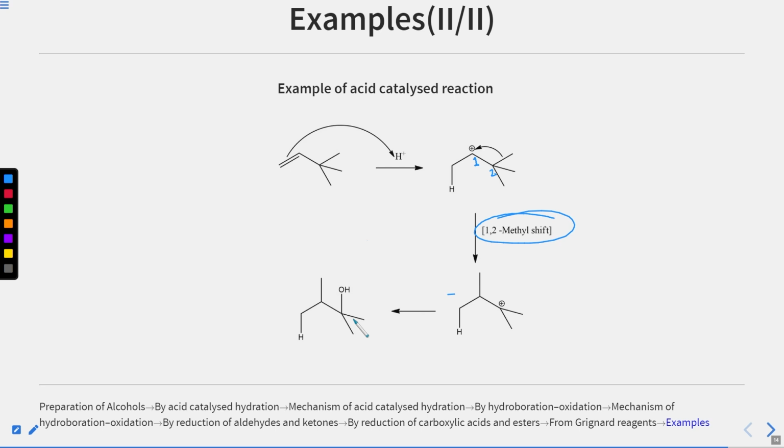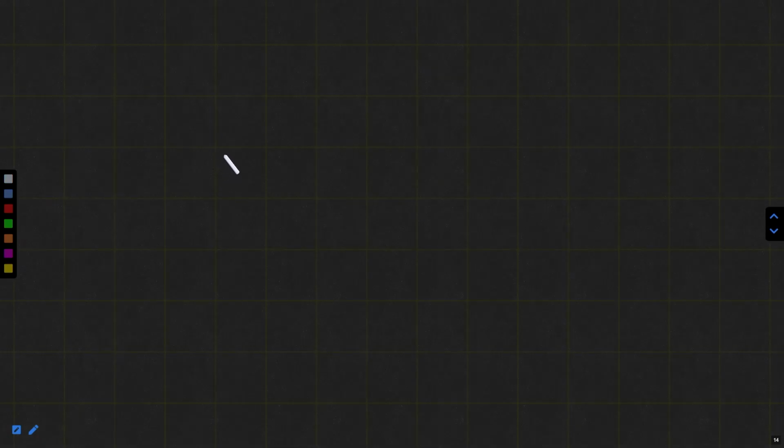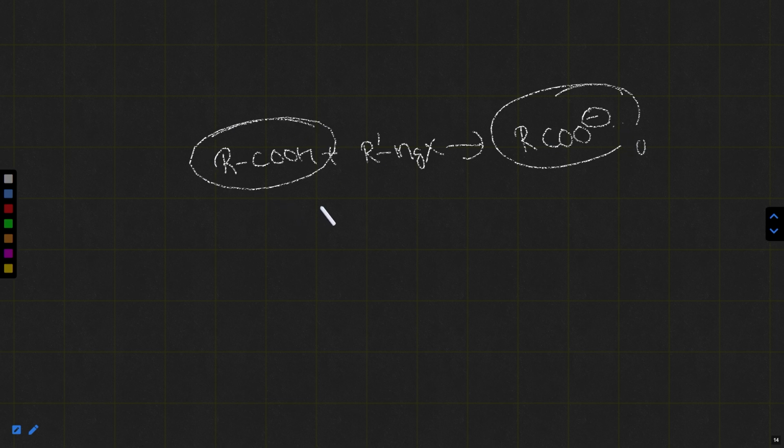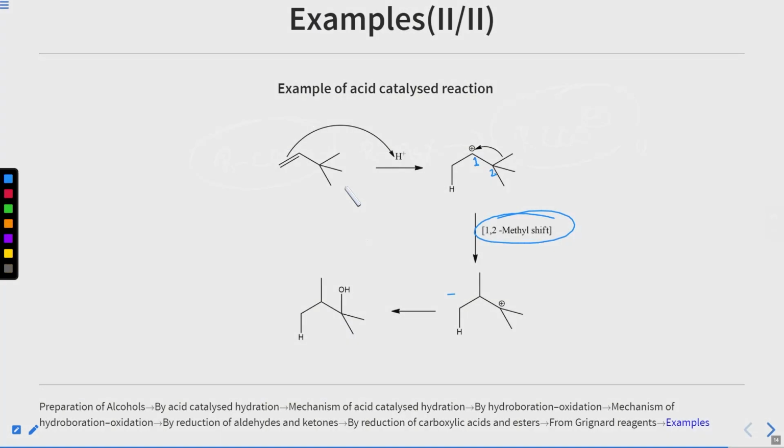So if you react RCOOH with any Grignard reagent, you will get an acid base reaction. So you cannot use this method. You cannot use carboxylic acid for the preparation of alcohol, because it results in an acid base reaction rather than a nucleophilic addition.